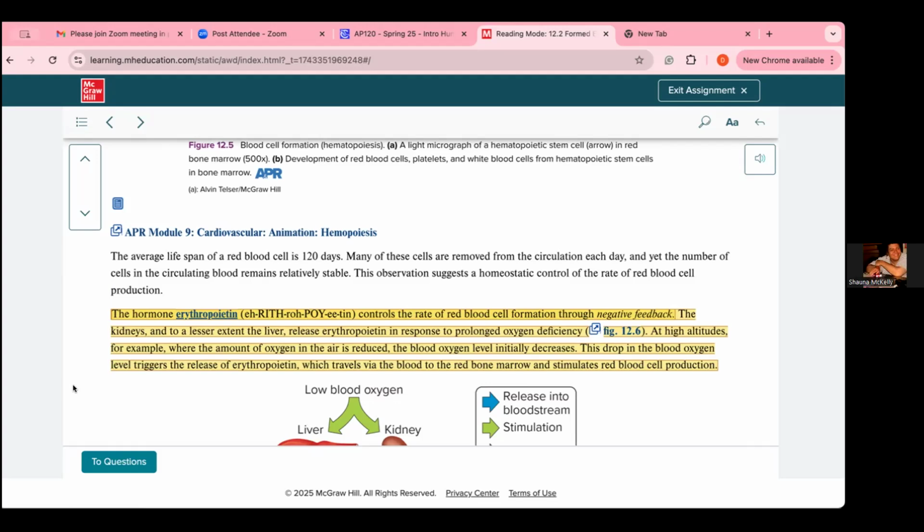The hormone erythropoietin controls the rate of red blood cell formation through negative feedback. The kidneys and to a lesser extent the liver release erythropoietin in response to prolonged oxygen deficiency.